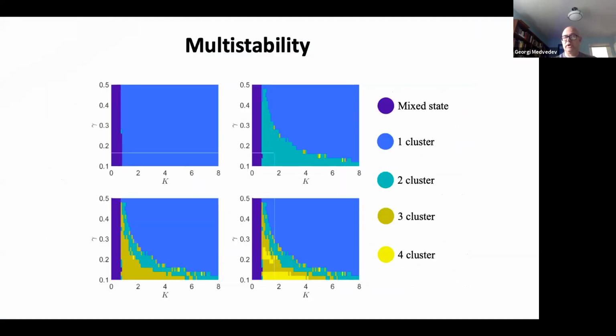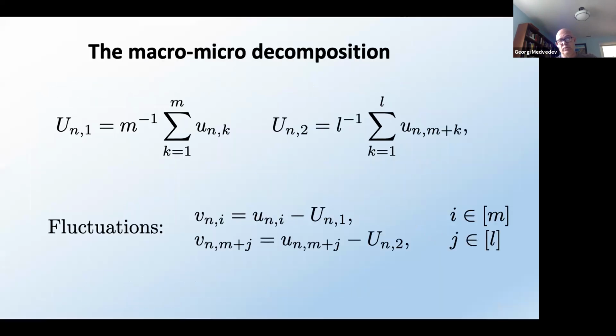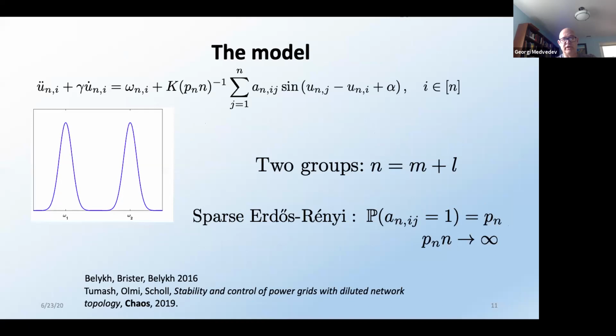Furthermore, it's not uncommon to see multi-stability. One can find regions in the parameter space where 1, 2, 3, and 4 cluster solutions are stable, and actually more, stable simultaneously. So it's an interesting problem, which motivates our interest in understanding stability of clusters.